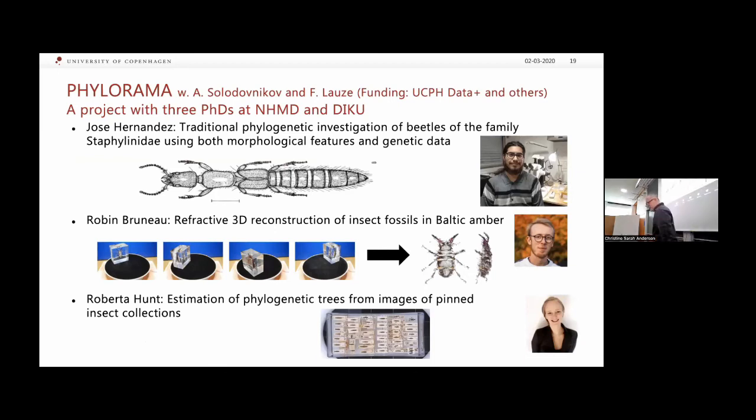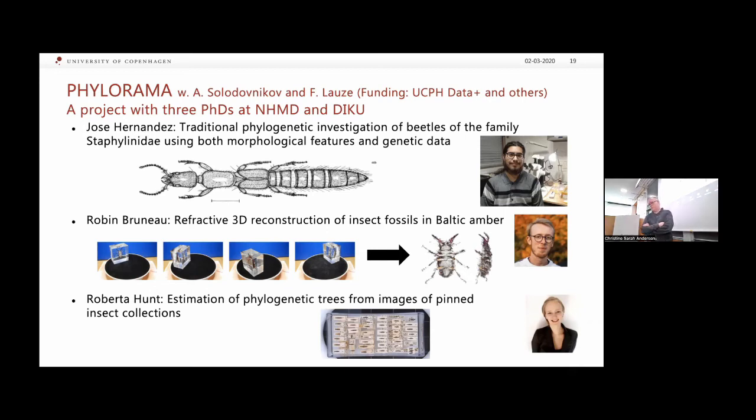Good. Let's just have a snippet of science, or what you could actually use this for. I have a project together with Alexei Solodovnikov at the museum and my colleague Lars at DTU that we call Phylorama. This project contains 3 PhD projects.